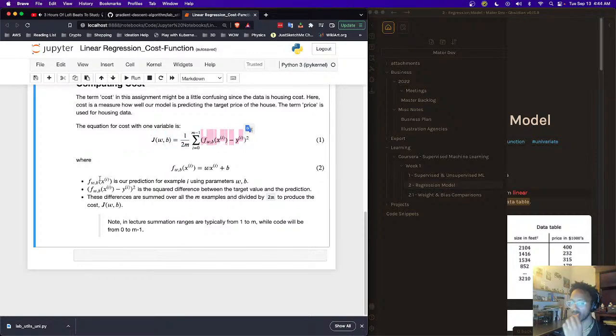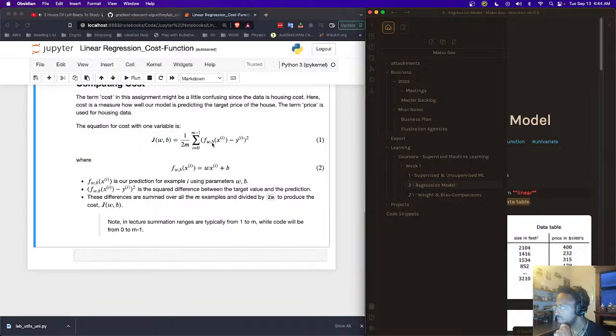The way that this translates to code is that this represents a loop. So you see where it says f_w,b. This part right here is going to perform a loop over every x, y pair in our training set, and it's going to add up whatever these values evaluate out to.